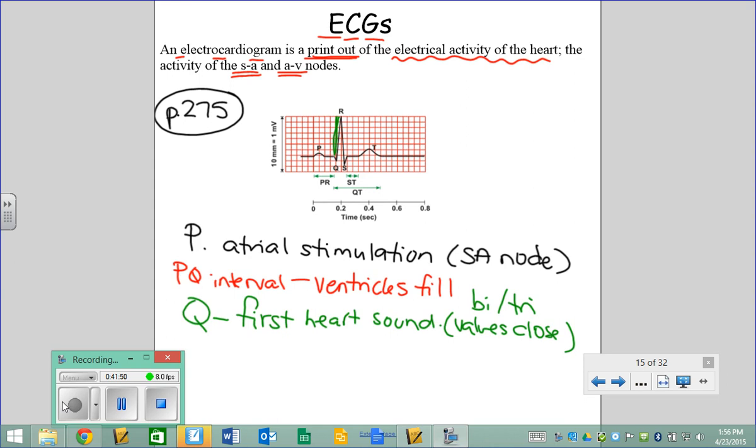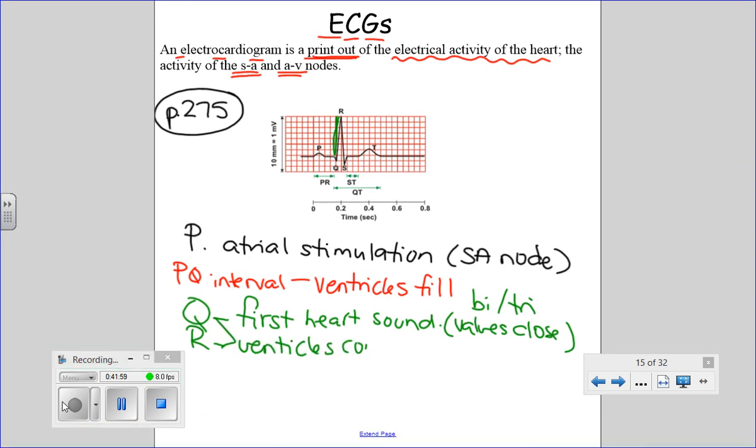In the Q section and the R section, we'll say, this is when your ventricles contract. The Q would be the beginning, and the R would be the end. So ventricle contraction starts, and then ventricle stimulation finishes. And then at the end, where we have the T over here, we have the last little bump.